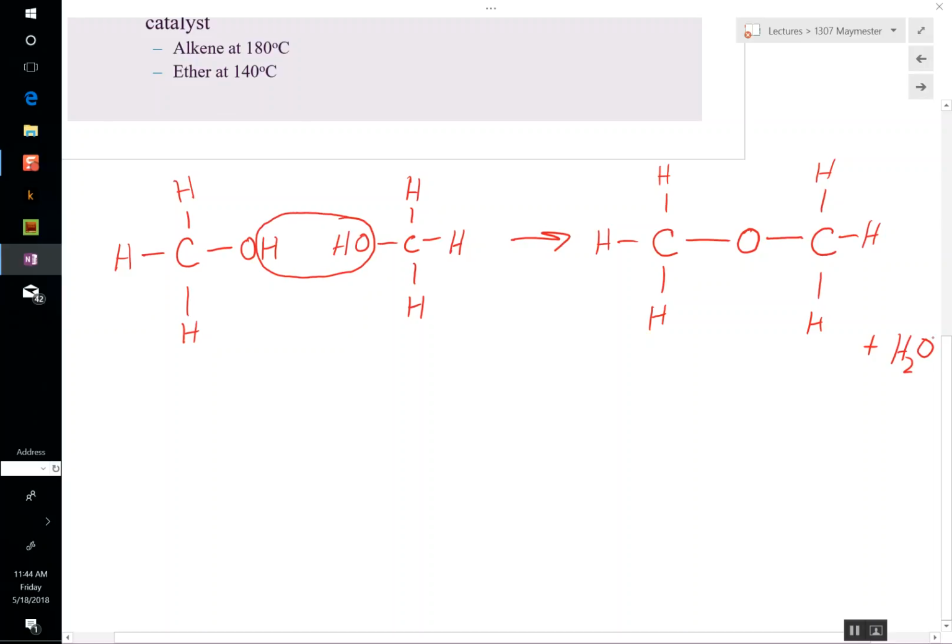There it is. That water. That's where that water came from. And this is not an alkene, obviously. It's not an alkene. It's an ether. What is an ether? Any molecule that has that functional group in it. Carbon, oxygen, carbon bond is an ether.